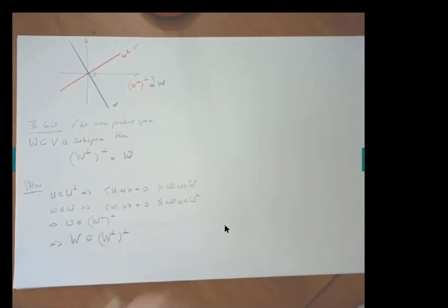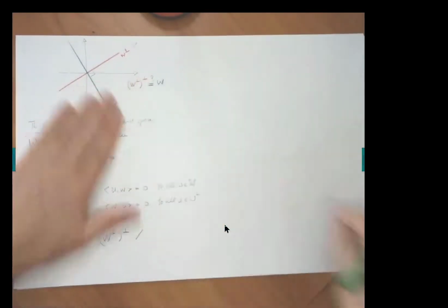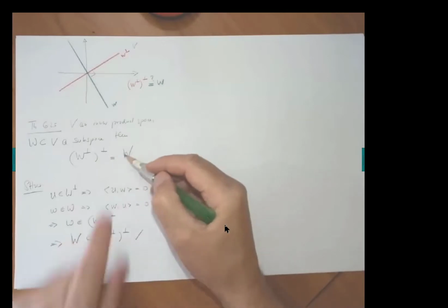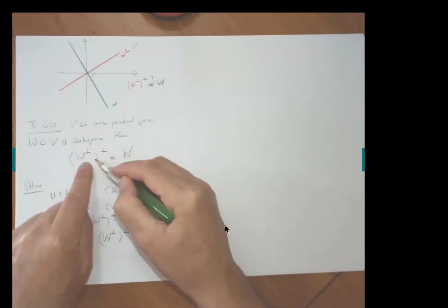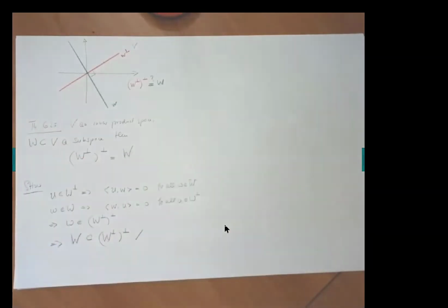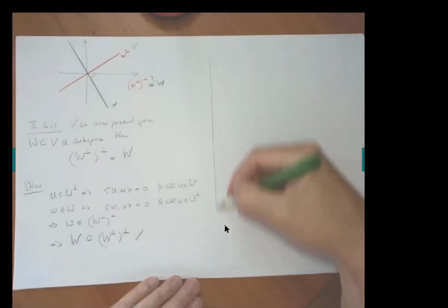We would like to show they are equal. Now we have shown this is part of this. If we now also show that this is part of this, we are done, because then A is part of B, B is part of A, so both of them have to be the same. Okay, so how do we do this?